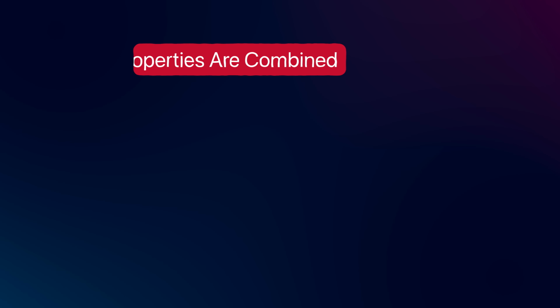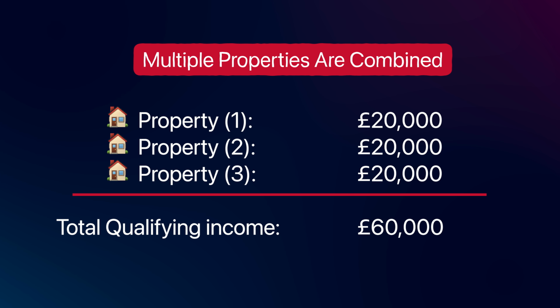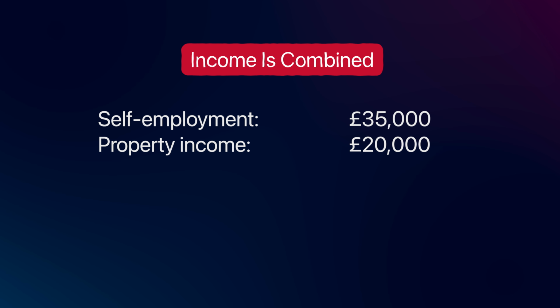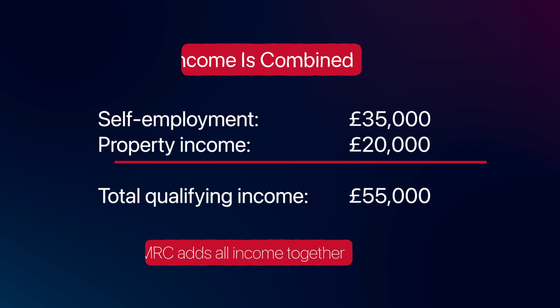So, 3 properties, each bringing in £20,000 a year, gives you £60,000 in qualifying income, even if each individually is under the threshold. And if you have both self-employment income and property income, HMRC adds them together, gives you £55,000 in qualifying income over the threshold for April 2026, even though neither source alone crossed the line.